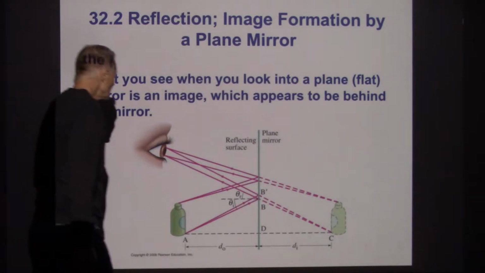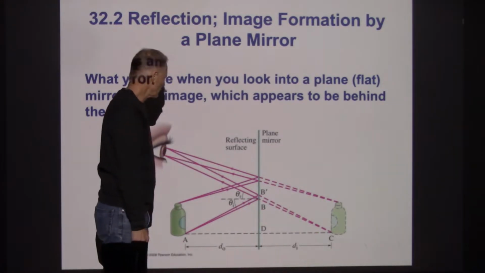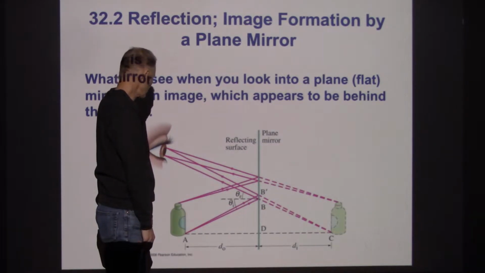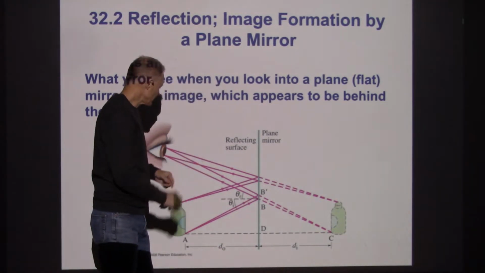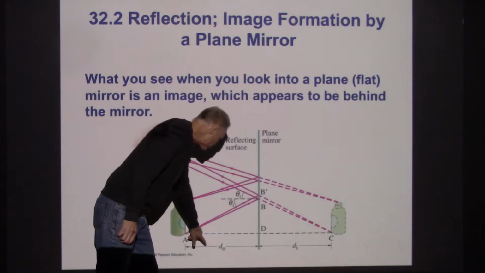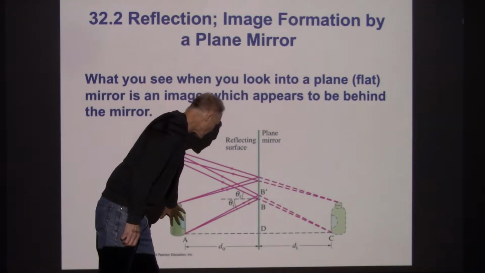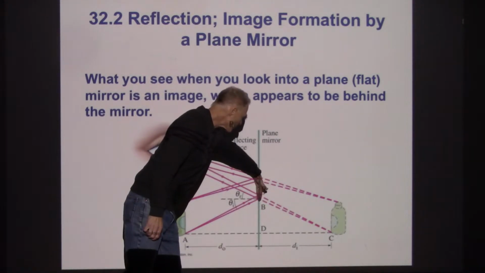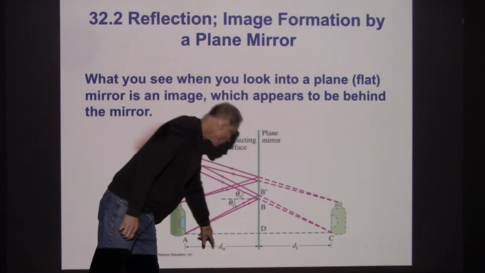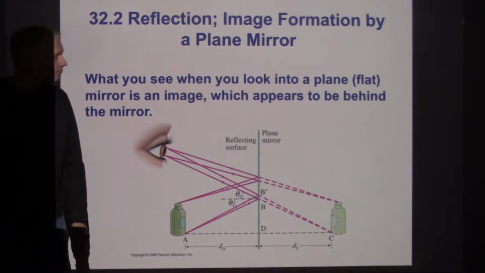and so we have this experience of, hey, there's an image located back behind the mirror over in that direction. Now they're doing some geometry here, and we'll come back. I think we can do this a little more simply. But a couple things we want to start defining here. This is referred to as an object distance. The distance out to where the object is located from the mirror surface itself. We're going to call that DO.